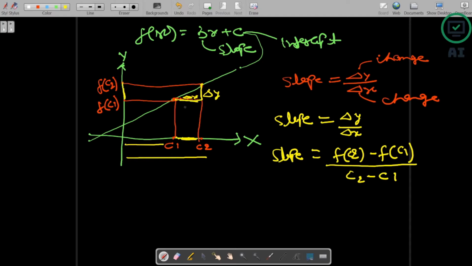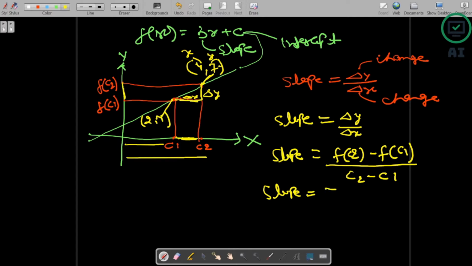Let's take one example. This point is (4, 7), on the line f(x) = bx + c, where this is x and this is y, and this other point is (2, 4). Let's find the slope here by putting in the values. What is f(c2)?